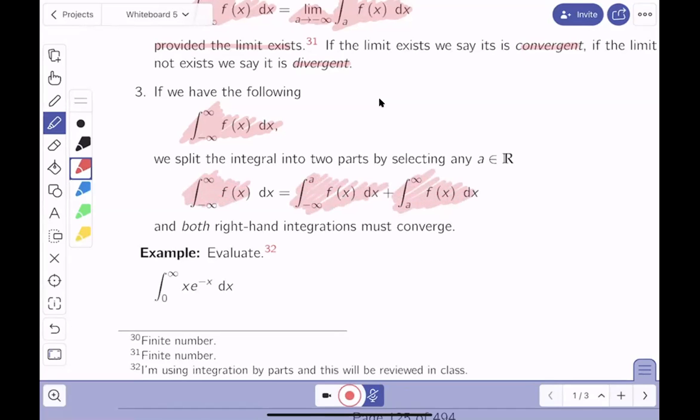So it says split the integral into 2 parts, selecting a to be any number on the real number line. Typically we take 0, but you can be creative, take your phone number if you like. It's certainly between minus infinity and infinity. Then we do both the right and left integrations: going towards minus infinity, and going towards positive infinity.